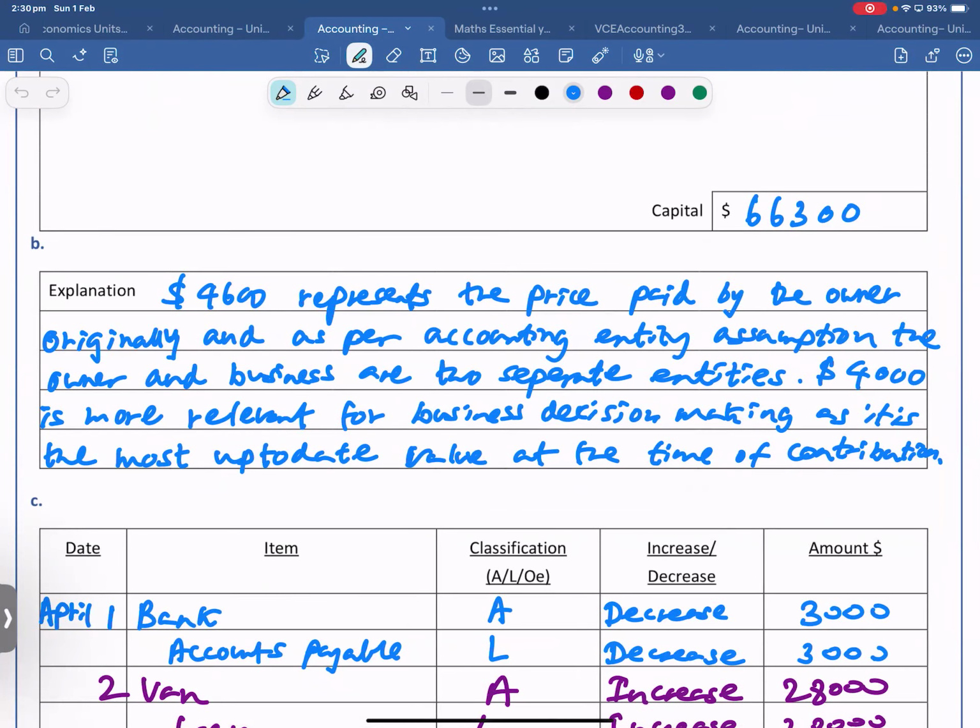Simply, what is accounting entity? It is like owner and business are two separate things. They are two separate phenomena, so they should be treated separately. That's what it means.